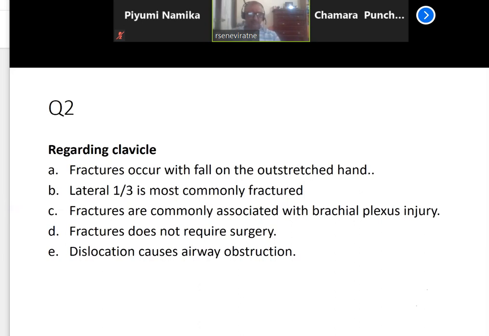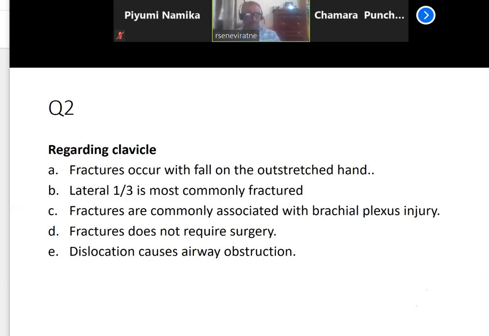Fractures do not require surgery. False, you can't say does not. You have to be careful with English, okay? Because of how they use the word. Certain clavicle fractures need surgery, right? They need surgery in young people.